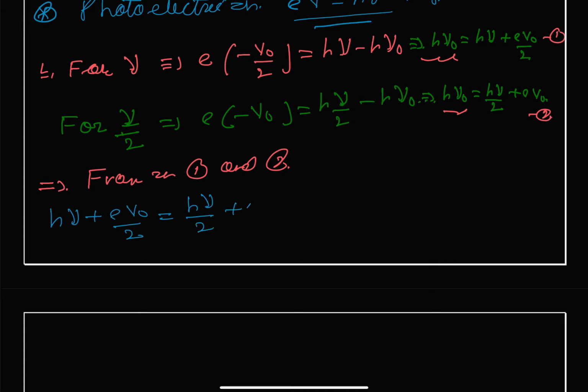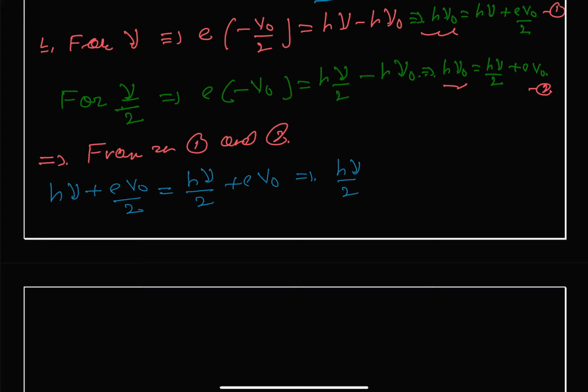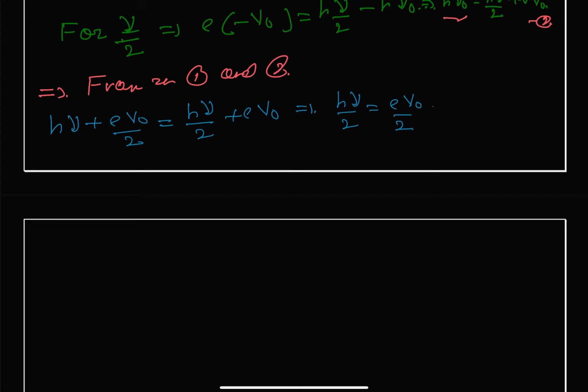And from here we get h nu upon 2 is equal to E V naught by 2. From here we can say that h nu is equal to E times V naught.